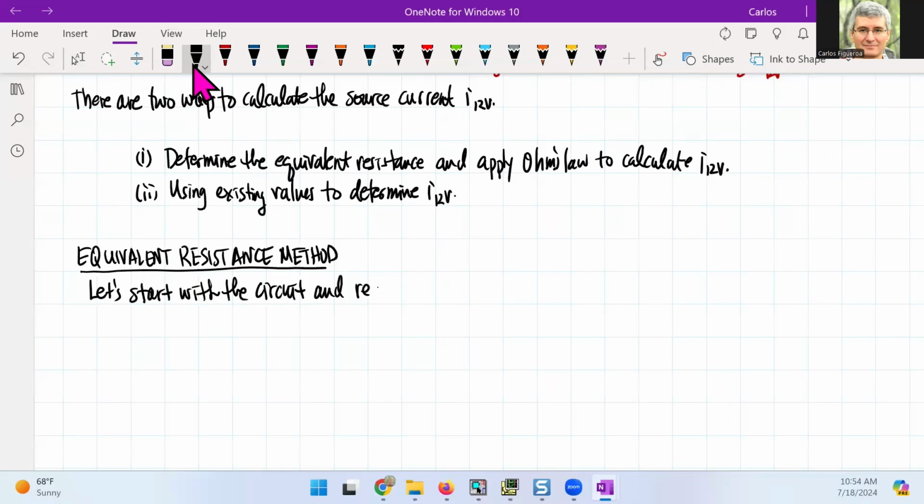And reduce it to a single equivalent resistance. So I have the image from up above, which looks like this.